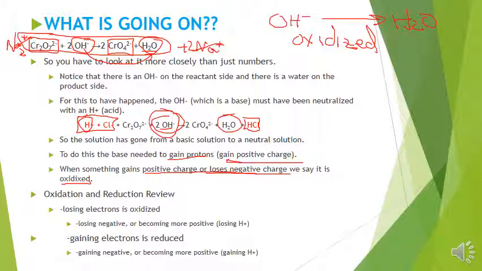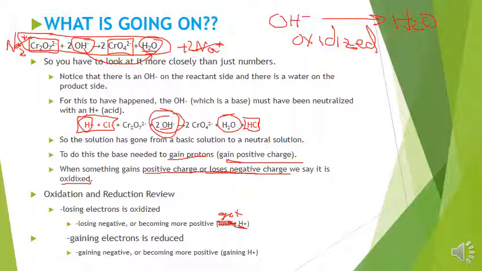Now, a review of oxidation and reduction. If you lose electrons, that means you become more positive. One of the ways to get more positive is to gain protons, H plus.